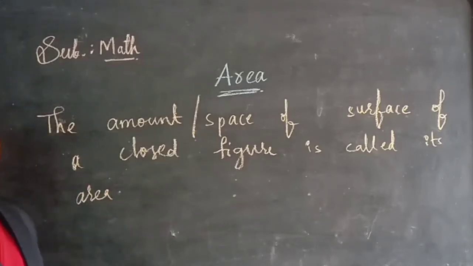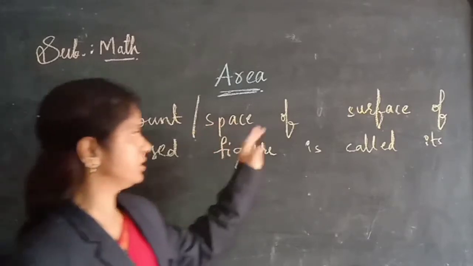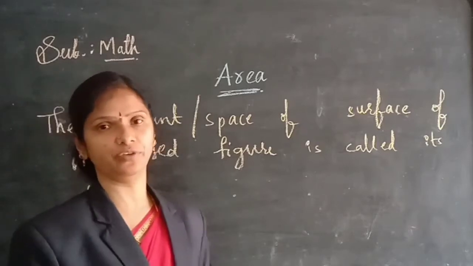So how can we define the area here? The amount or the space of a surface of a closed figure is called its surface area.